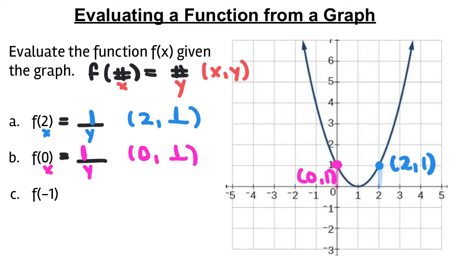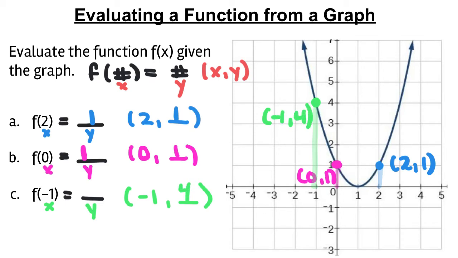For the last one, I have that we're finding f of negative 1. So x is negative 1 and y is this other value. So we know it's at negative 1, some number. If I go to negative 1 on the x-axis and I go up on my graph, I can see I have a point right here at negative 1, 4.